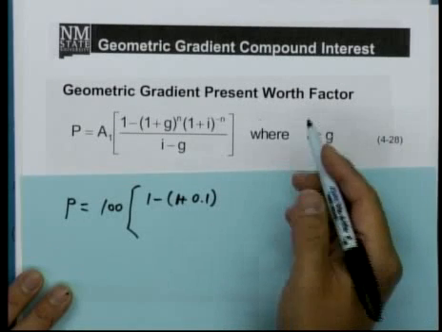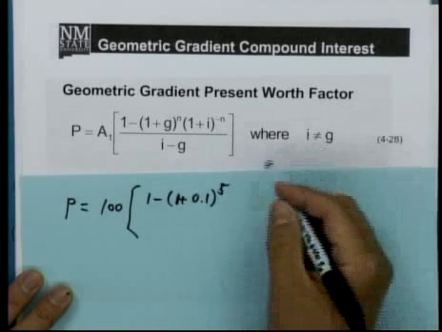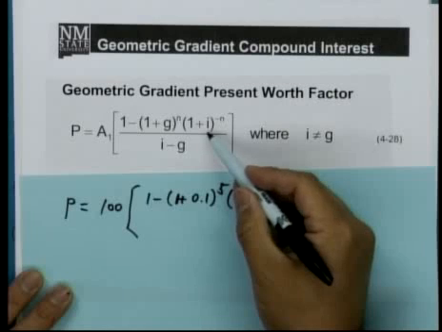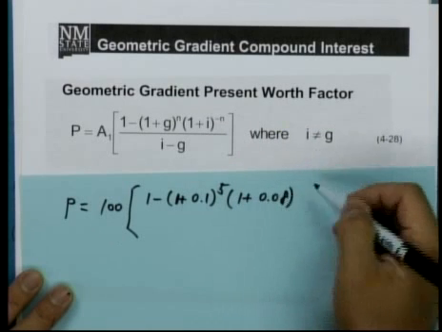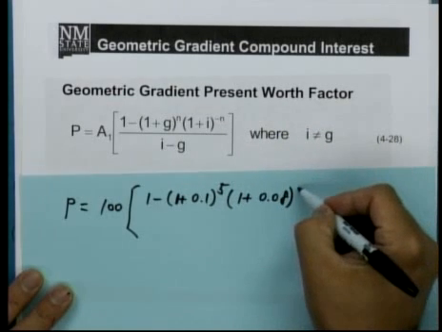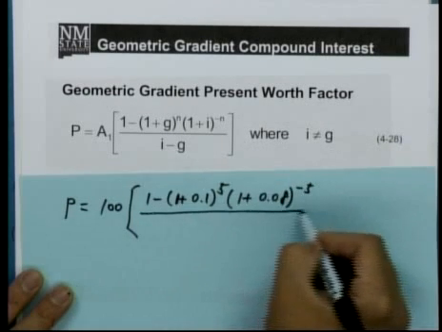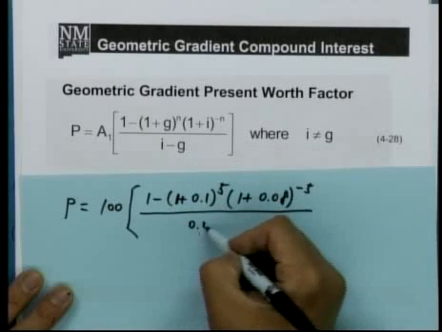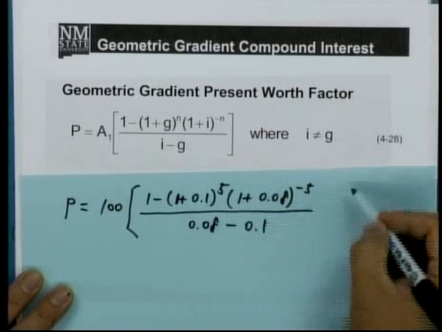And what is the n? n is going to be 5 periods, right? 1 plus 0.08, right? Because we are using 8% interest rate. So 0.08. Now we take the power of negative n, so negative 5, over i minus g. What is i? i is 0.08, and g is 0.1, right?